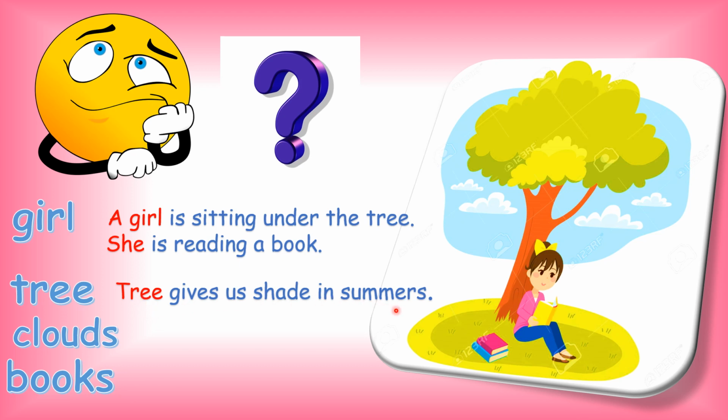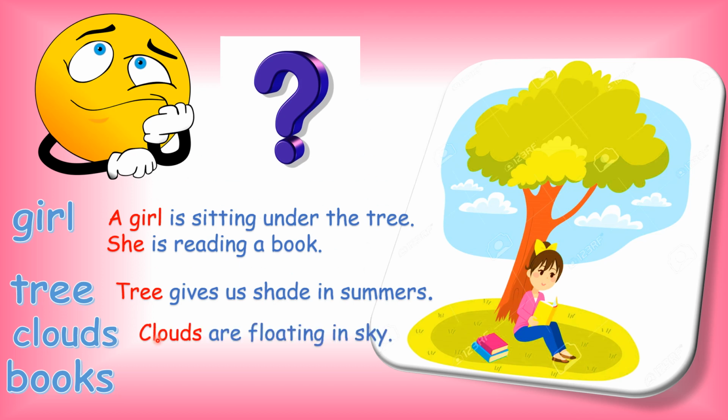Subject and predicate join together to form a sentence. So this is a sentence which is giving a meaning. Is it clear, children? And remember one more thing. Predicate always contains a verb. Predicate always contains a verb. Is it clear?